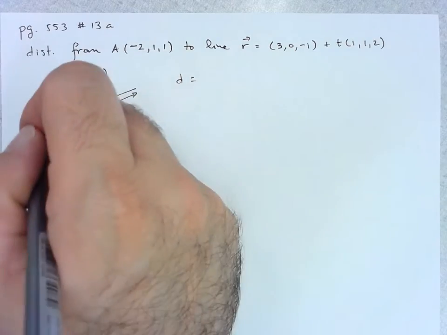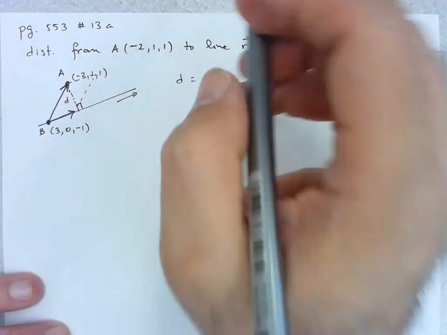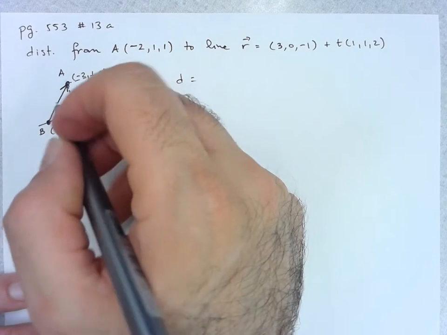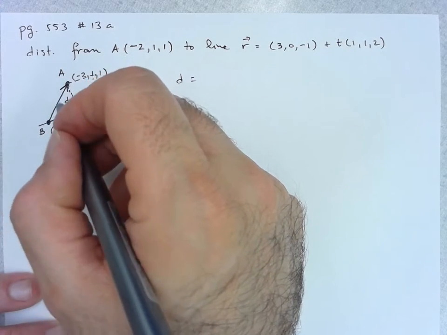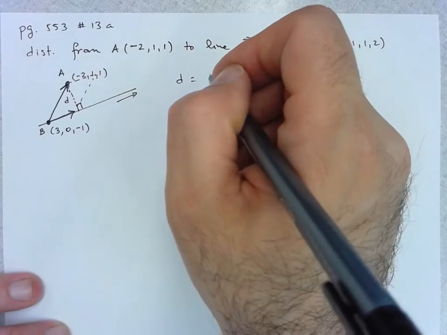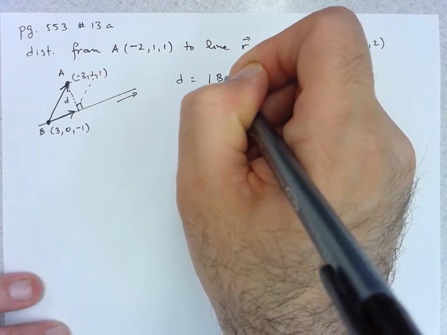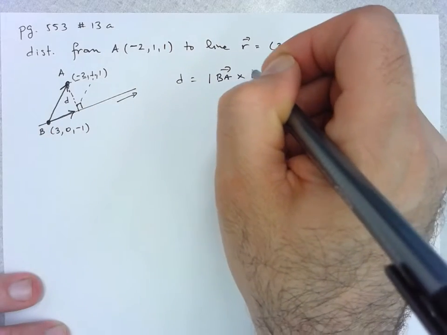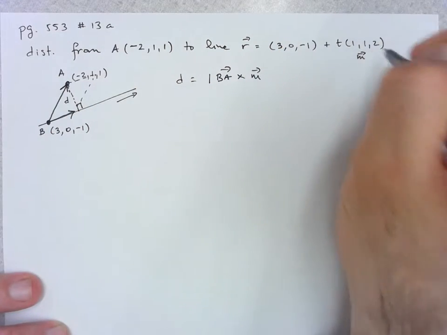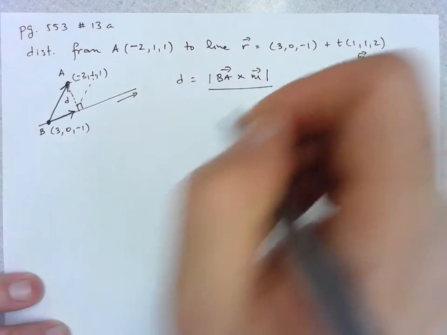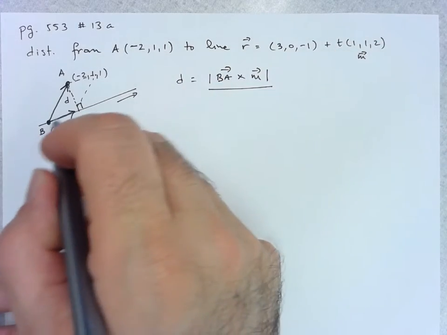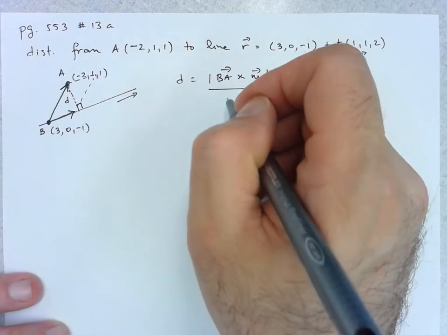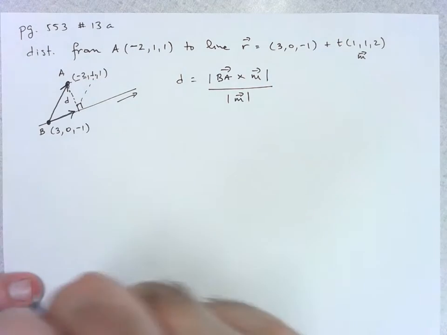So let's call this b. The area of the parallelogram is just given by the magnitude of the cross product of these two vectors. So the cross product of BA with my direction vector, which is here 1, 1, 2, and I'll divide that by the base of this parallelogram, which is just the magnitude of the direction vector.